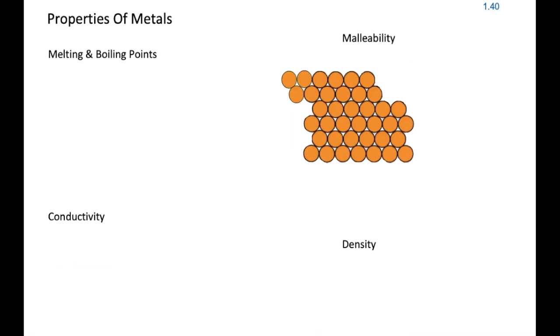So the structure and bonding of metals is directly linked to their physical properties. And metals tend to have high melting and boiling points. This is because the electrostatic forces of attraction between the positive metal ions and the sea of delocalized electrons, in other words, metallic bonding, is very strong.